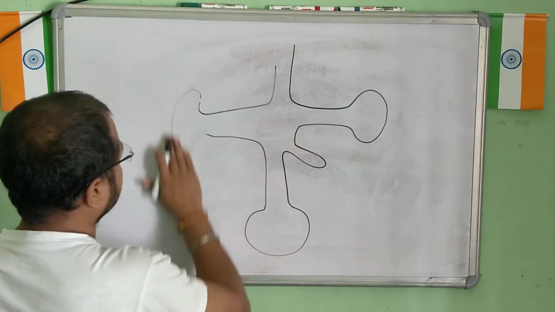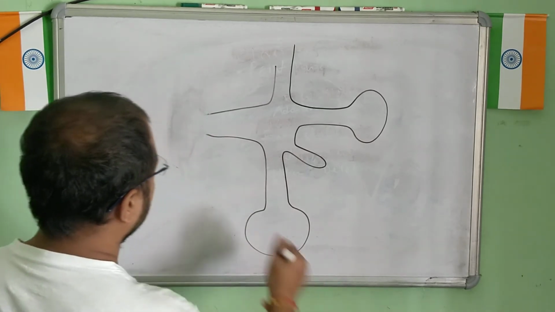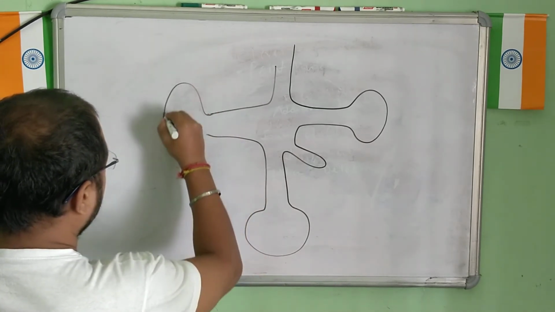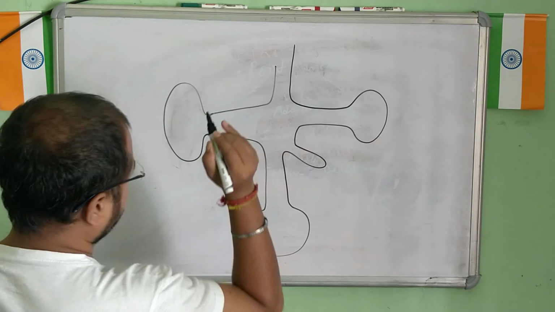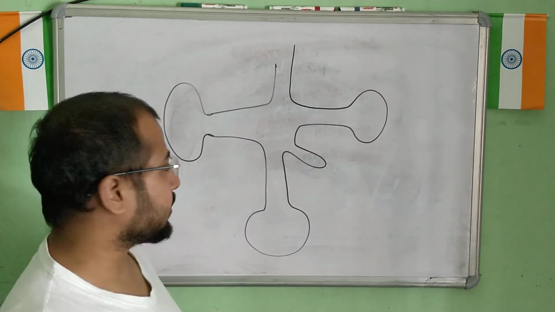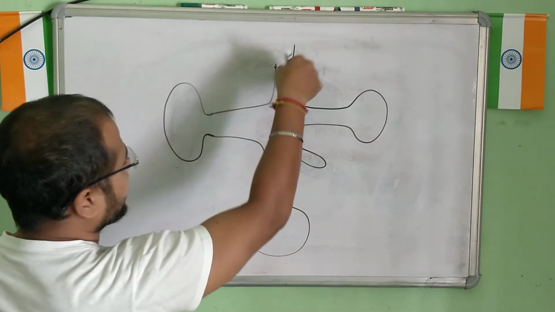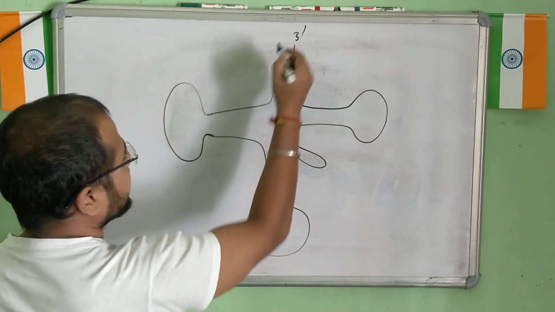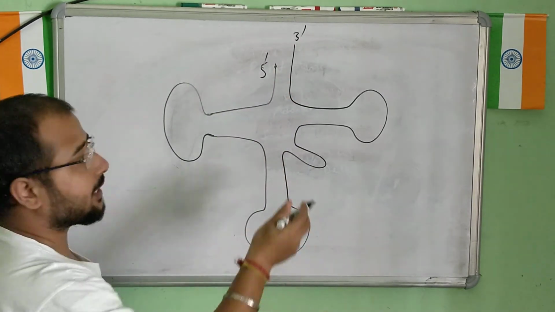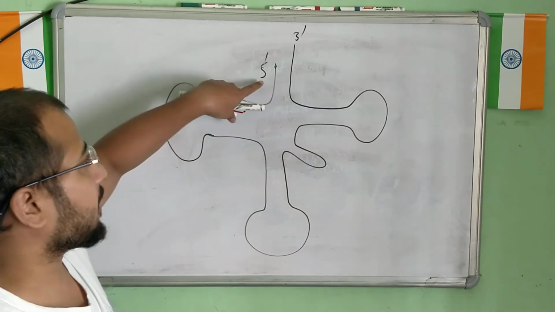There are 4 arms in the tRNA with loops. This is the 3' end and this is the 5' end. One strand only takes a shape like this.